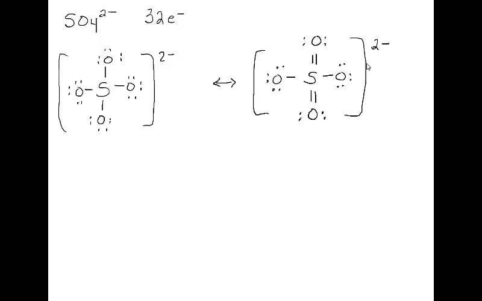The double bonds in the right structure are fine because sulfur is in the third period on the periodic table. Therefore, it has that empty d, so it can perfectly accommodate an expanded octet. There is nothing wrong with either structure. But if a challenge was placed down, we would have to calculate the formal charge of the oxygens and the sulfur in each structure and see if one of them is more valid than the other.